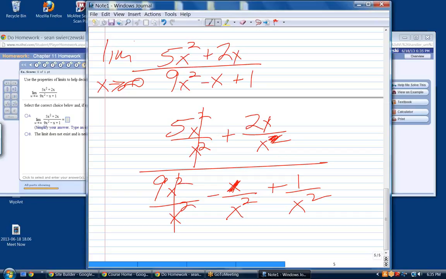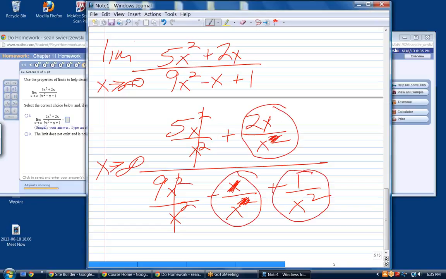This becomes 1 over x, and this becomes 1 over x squared. Now, as x goes to infinity, all of these terms that have an x in the denominator go to 0. In other words, this one goes to 0, this one goes to 0, this one goes to 0. The only thing we have left is 5 over 9.